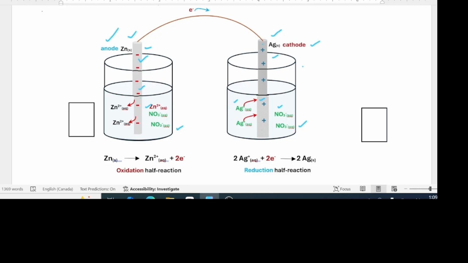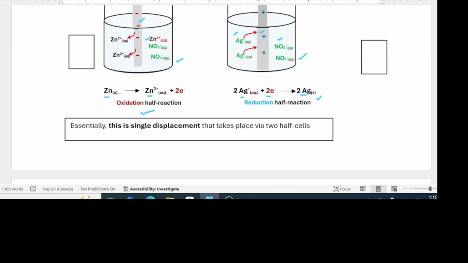Note how the part of the zinc electrode that is immersed into the zinc nitrate solution gets thinner, and the part of the silver electrode that's immersed into the silver nitrate solution gets thicker by virtue of silver atoms being deposited on it, and this one becoming thinner by virtue of zinc atoms being changed into zinc ions that dissolve in solution. Essentially, this is a single displacement reaction that is allowed to take place via these two half cells.